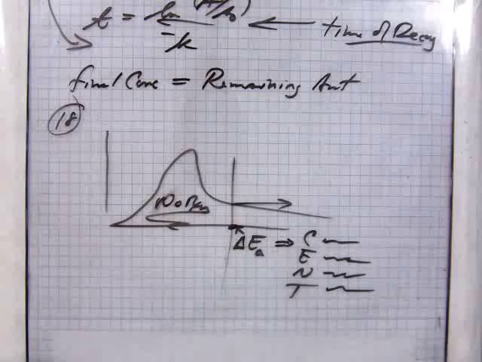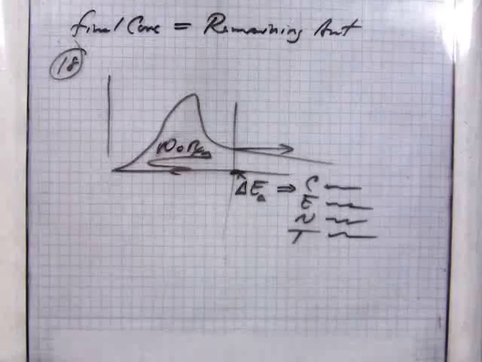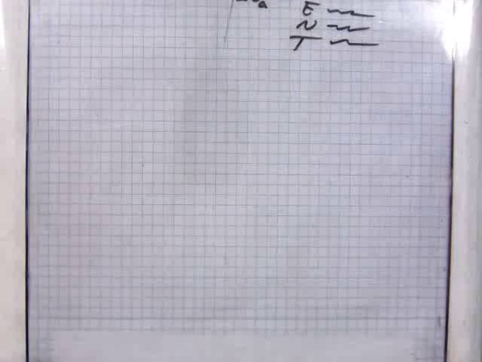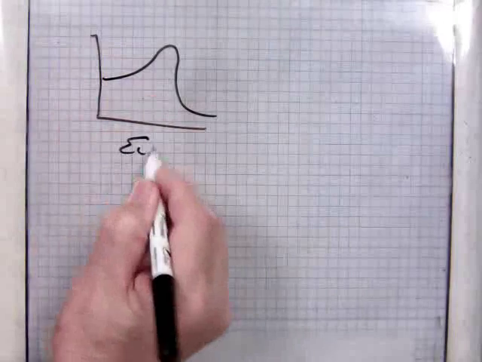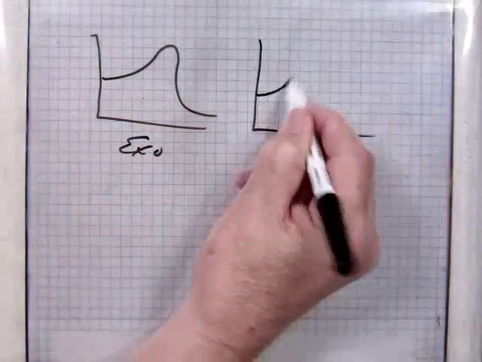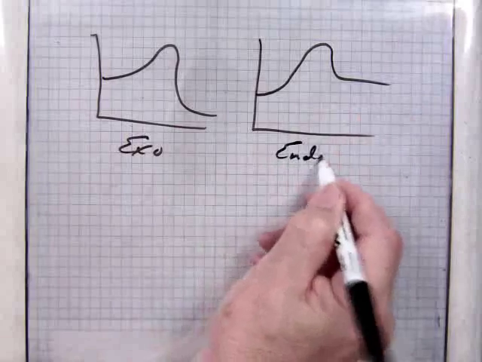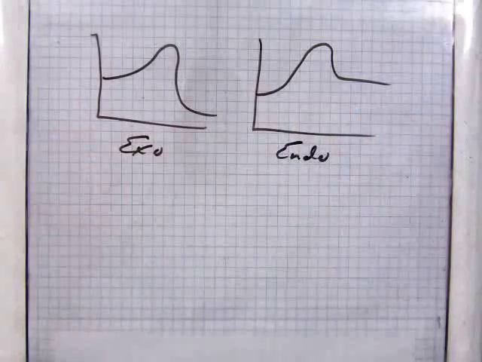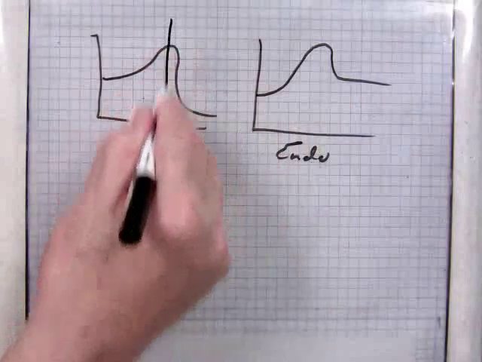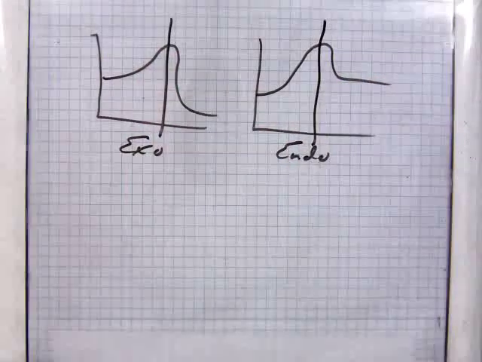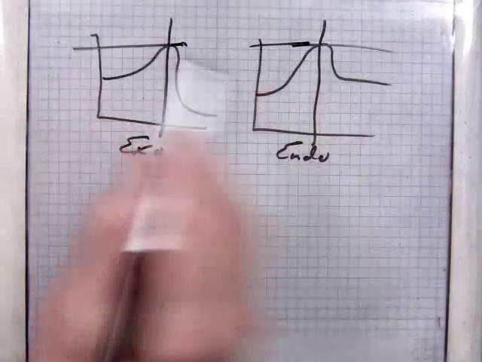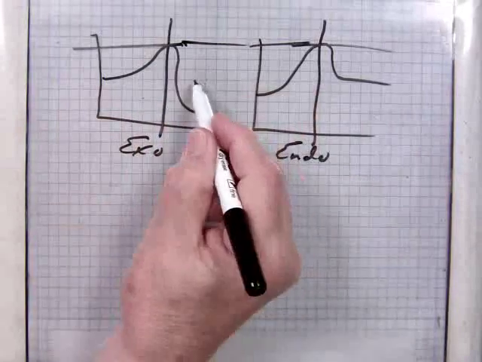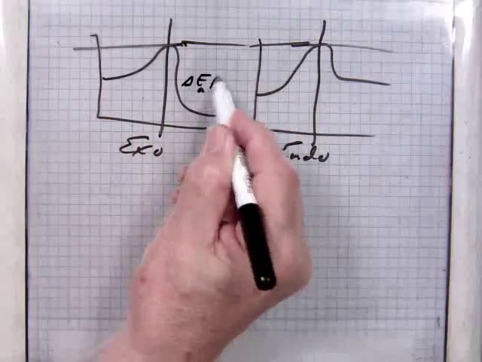Then you'll have to know the difference between your potential energy diagrams for endothermic and exothermic. In an either-or type problem, split it in the middle, and you have values. This is your activation point right here, and this is the delta EA reverse for this one.